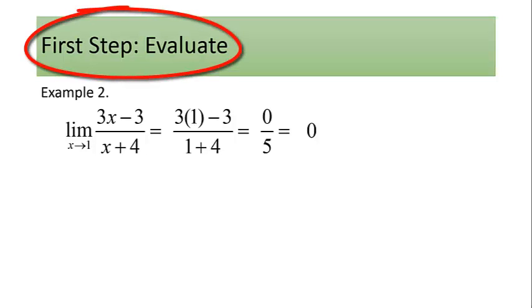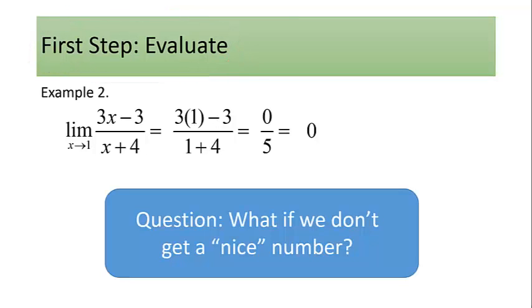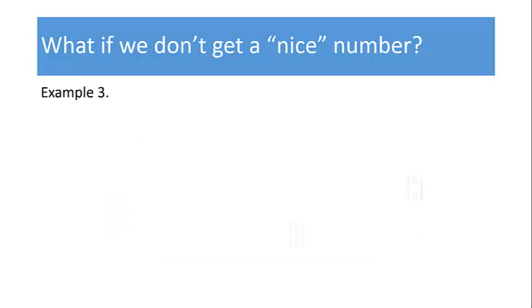Okay, so the first step in computing a limit is always to just evaluate. But what happens if when we evaluate, we don't get a nice number? Let's look at the limit of x squared minus 4 divided by x squared minus 3x plus 2 as x approaches 2.